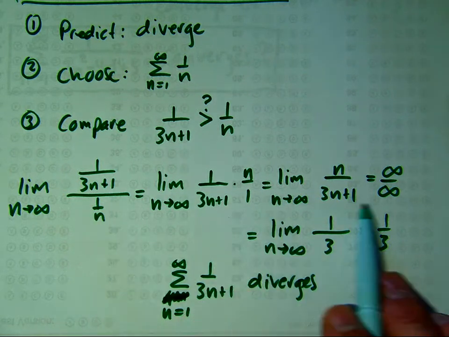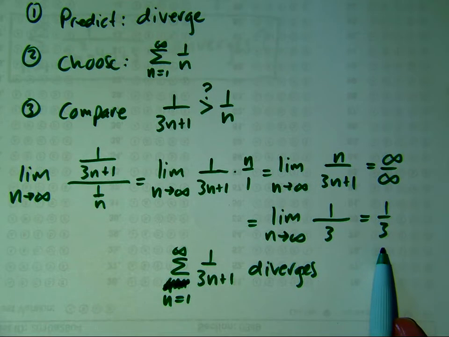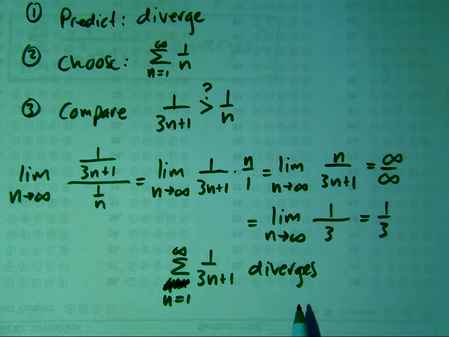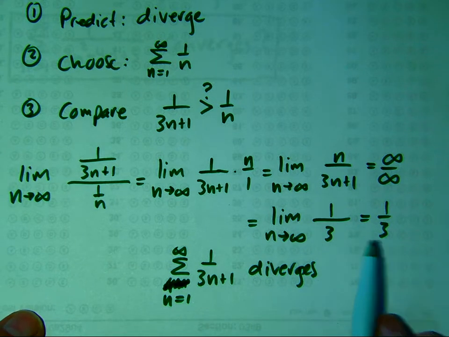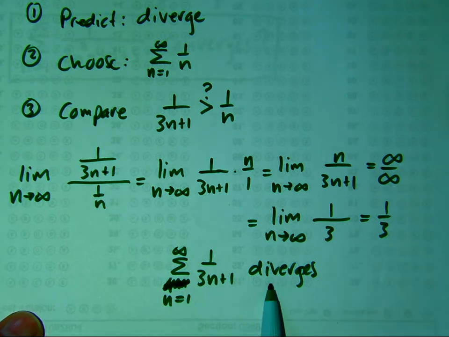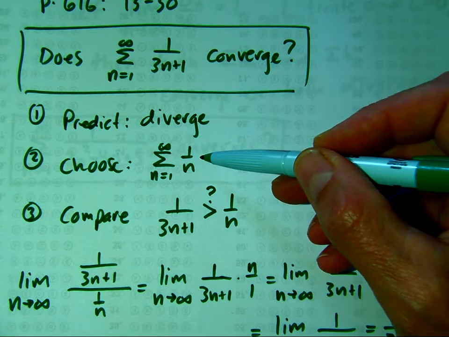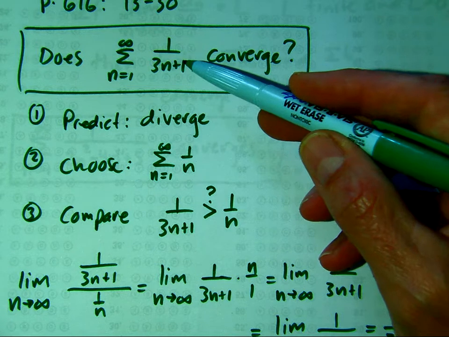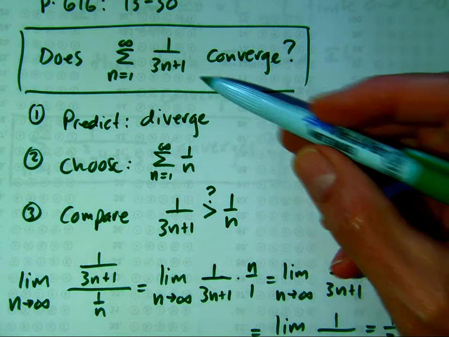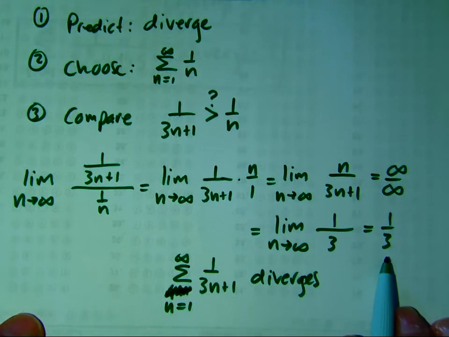If that limit is a positive number, then they both do the same thing. If the limit exists, it doesn't mean it diverges. It just means that it will do whatever the thing you're comparing it to does. So if this diverges, then this diverges. If this converges, then that converges, if the limit is a positive number.